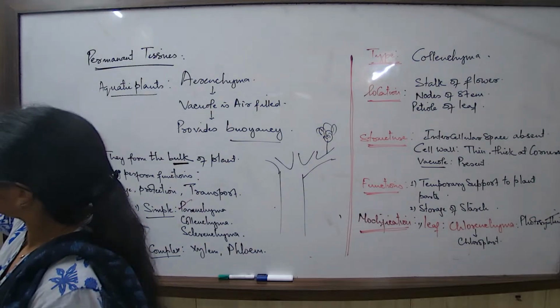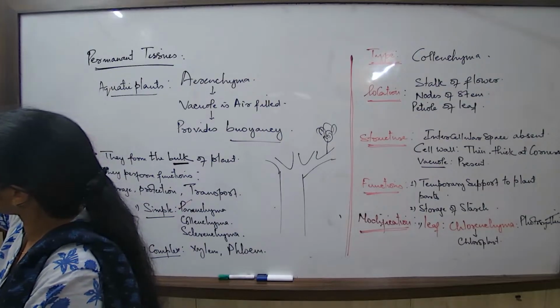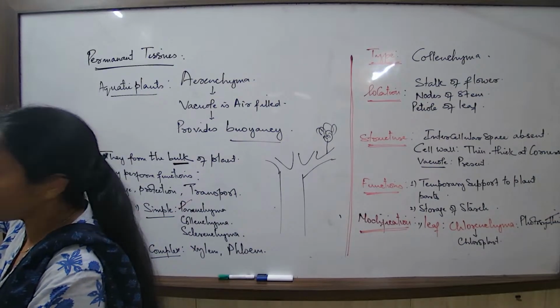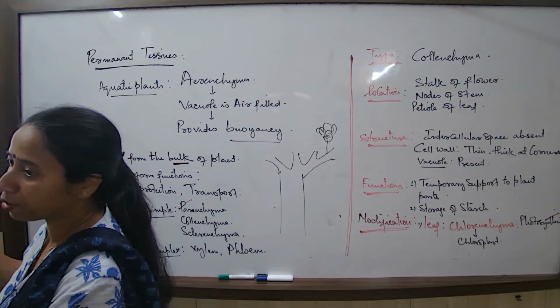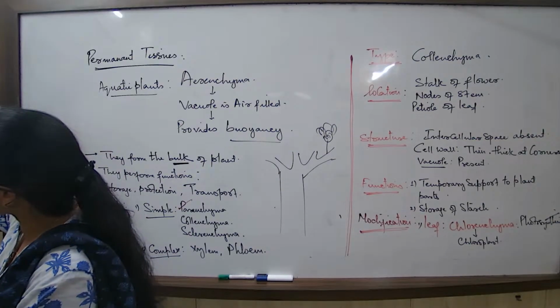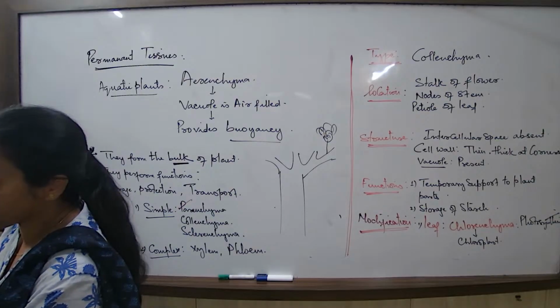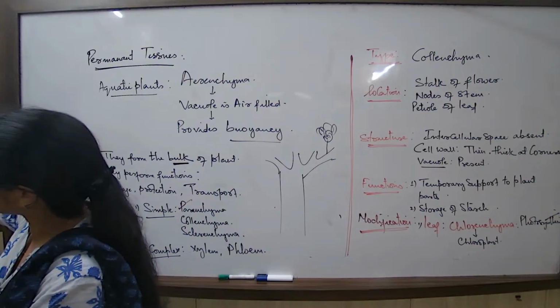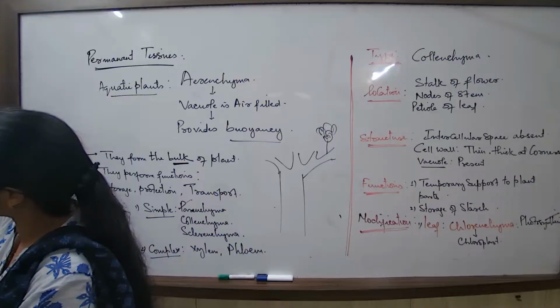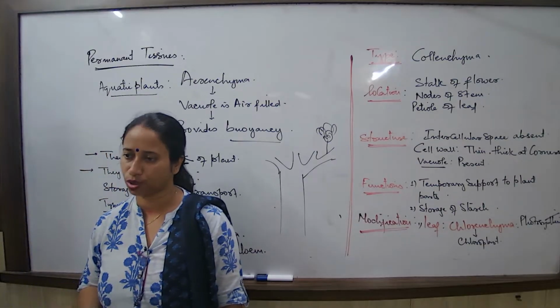See here, this is how collenchyma looks. Can you see the cell wall? Are there any gaps in between? No, for collenchyma there are no gaps in between. Intercellular space is absolutely absent. The cell wall is at times thin, at times thick. Some more figures I'll show you the other day also. This is because of extra deposits of cellulose.